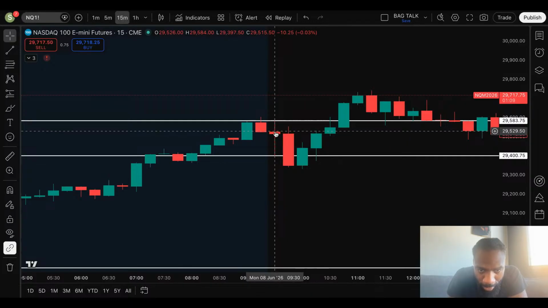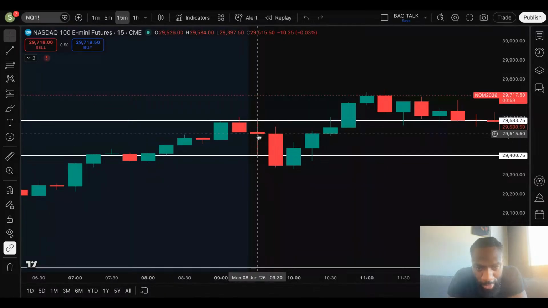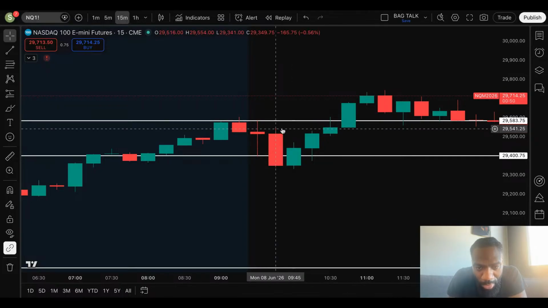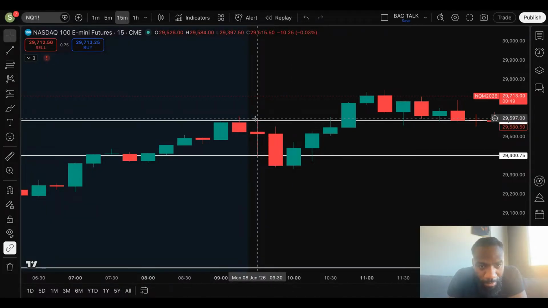It wicked, so I wasn't necessarily watching it, but at some point it came up here, at some point it came all the way down here. That's what these wicks are for. And it wound up closing here. So just this range from 9:30 to 9:45, this is the box that we're in.